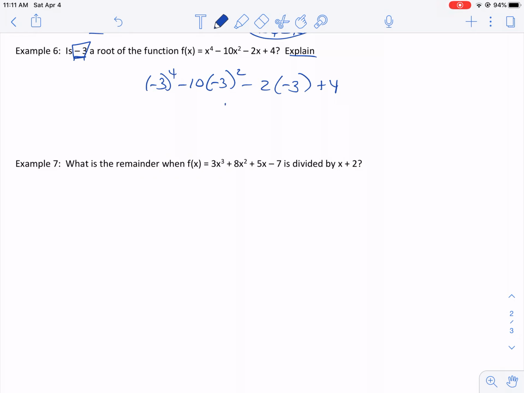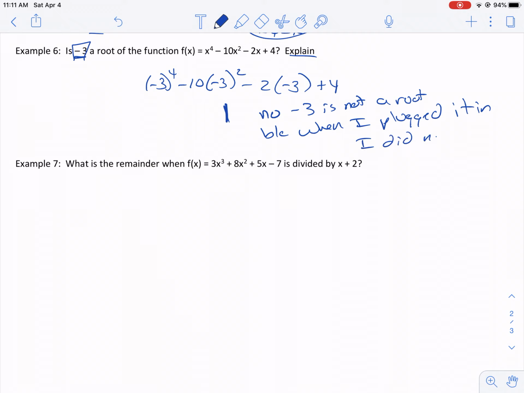And I'm coming out with a 1. So you can say, no, negative 3 is not a root because when I plugged it in, I did not get a 0.